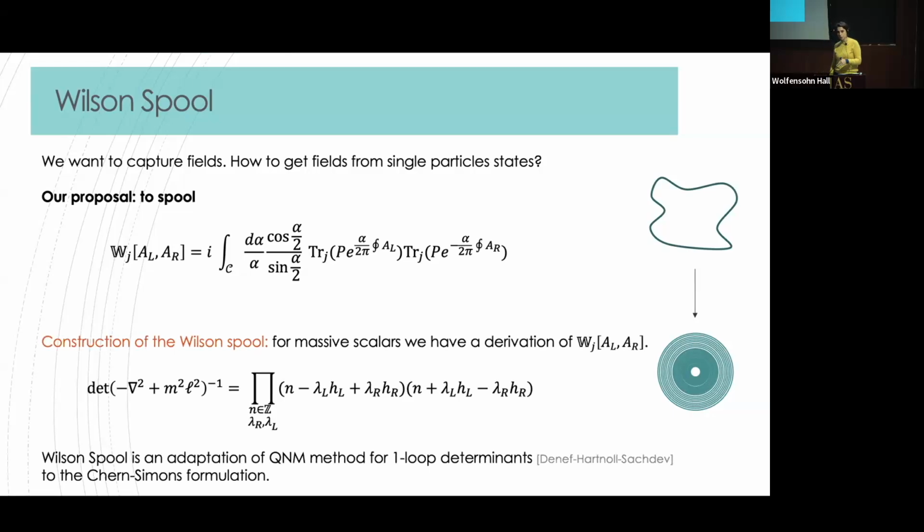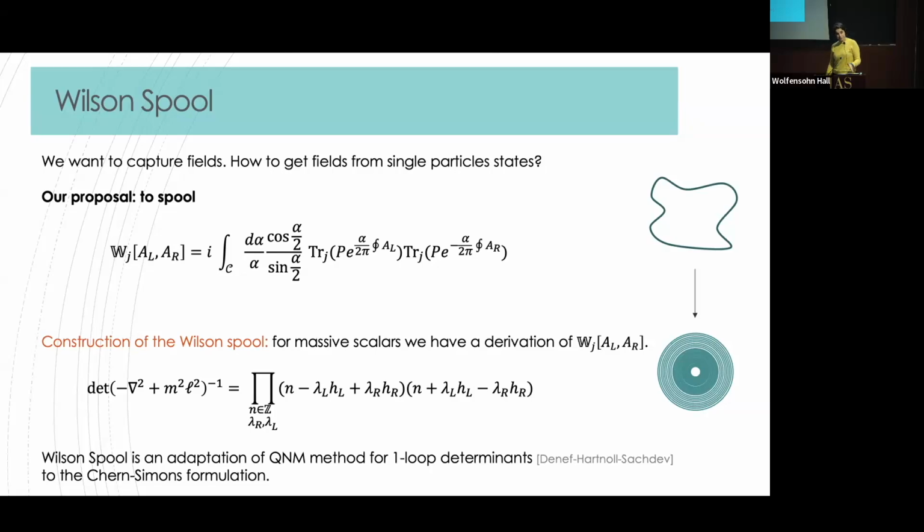I'm not going to go through the detailed derivation because it's a little bit tedious. But for those of you that are familiar with the quasi-normal mode method for one-loop determinants, which was proposed by Denef, Hartnoll, and Sachdev a few years back, you can start from there and then show that this formula for the one-loop determinant is the same as that.